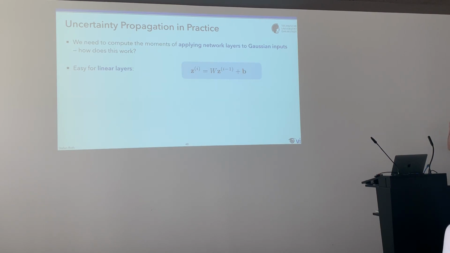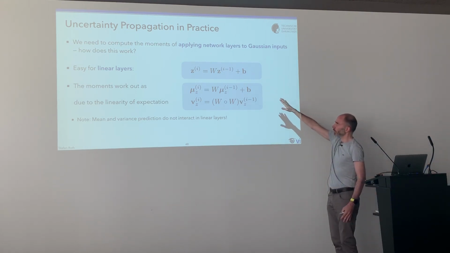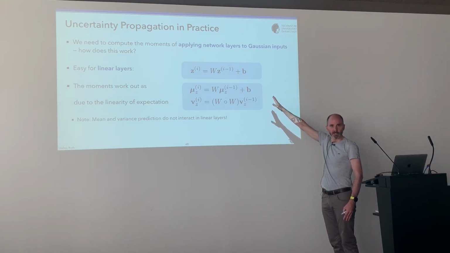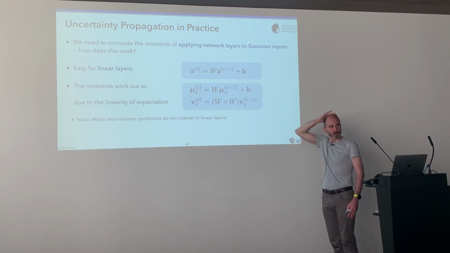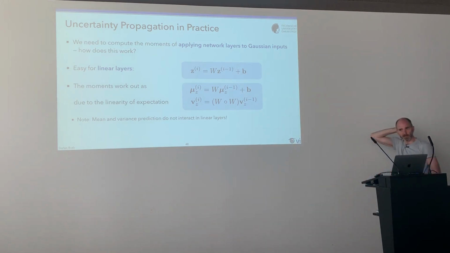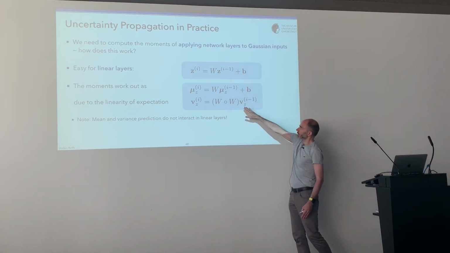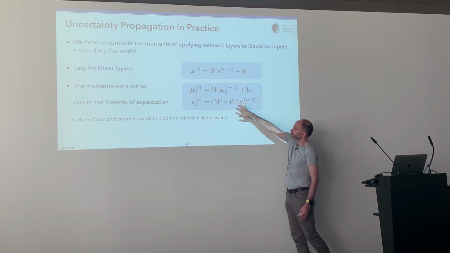A linear layer just takes my previous activations, multiplies them with some matrix W, and adds a bias into it, and if I'm assuming that my previous layer Z_{i-1} was Gaussian distributed, I can ask, well, what's the distribution of my next layer? And it turns out a linear transformation of a Gaussian is a Gaussian with linearly transformed mean, and the variance is also simply related to that matrix W.